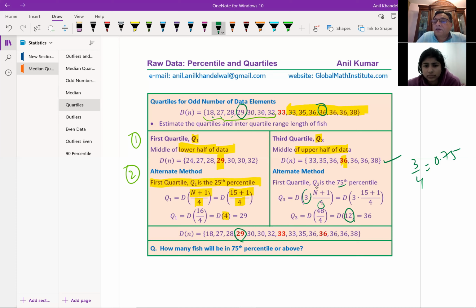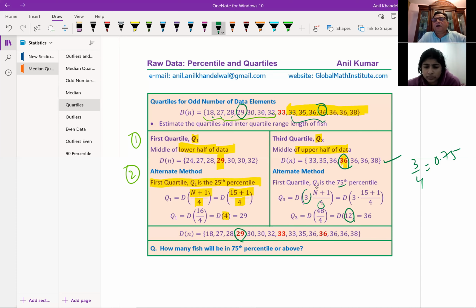So the 12th element, if you count from here, 1, 2, 3, 4, 5, 6, 7, 8, 9, 10, 11, 12. Do you see that? 36, which is your answer. Or you could do the middle value of the upper half, which we saw earlier, 36. The value of the 12th element is the third quartile.